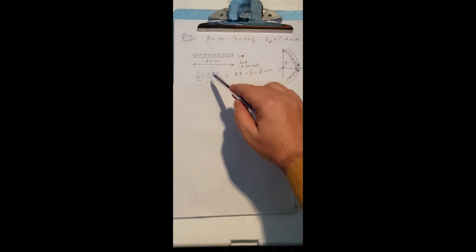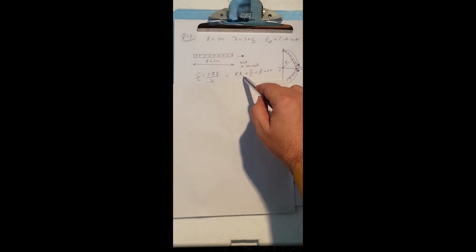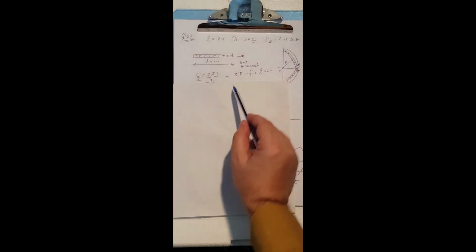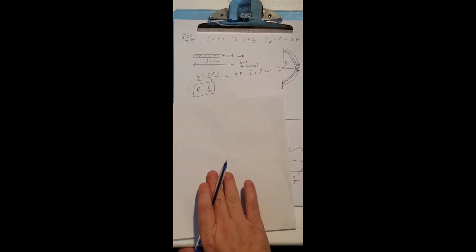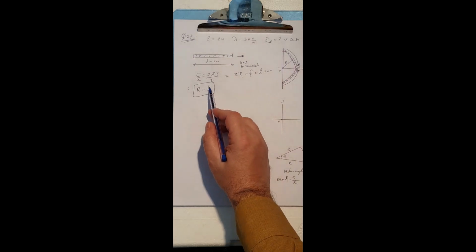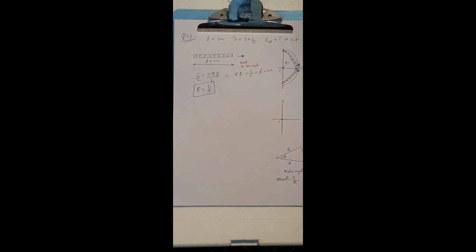Half of the circumference is L, and L is 2 meters. So from here I can find that the radius of this semicircle is 2 over pi, and pi is 3.14.